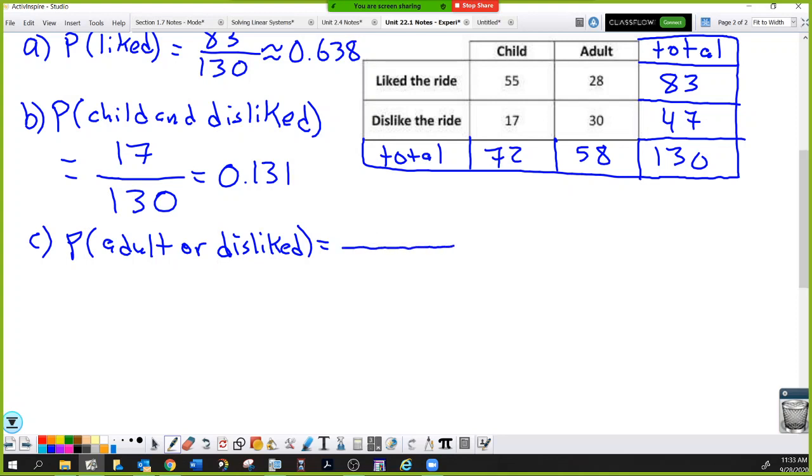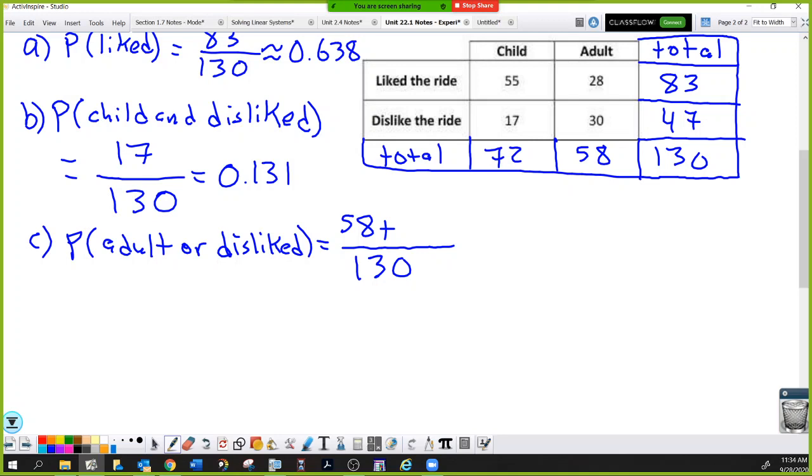Denominator: 130 still. Now the numerator, rather than saying what it is, you say it's 75. How did you get that number? Add the adults, which is 58. And then you add the dislike the ride, but then you subtract 30 because you already had the adults.